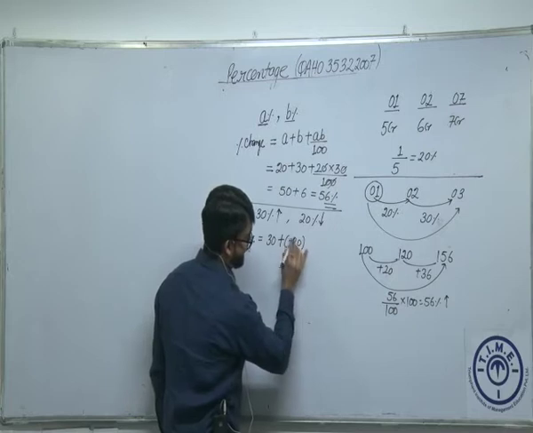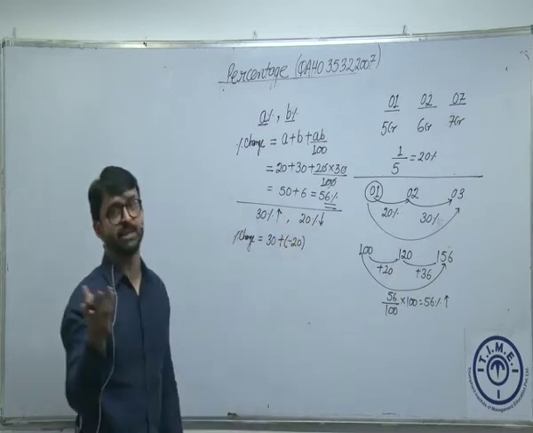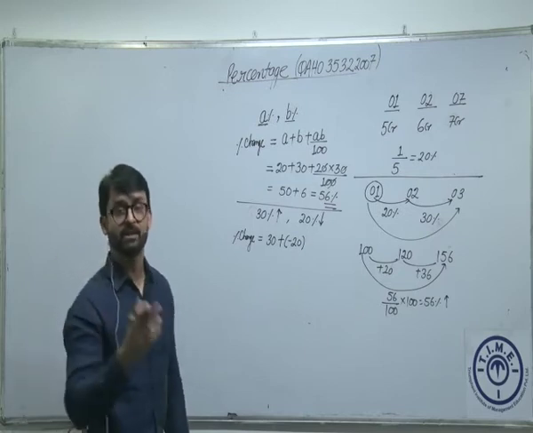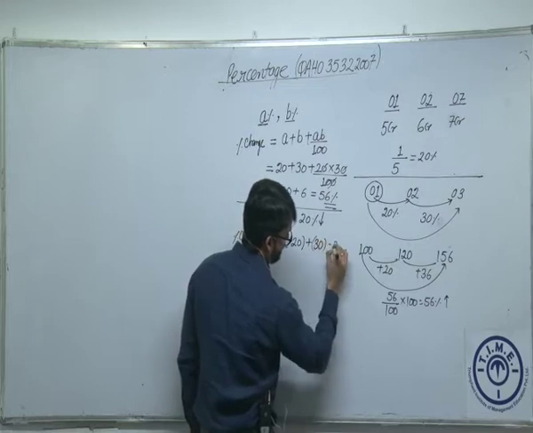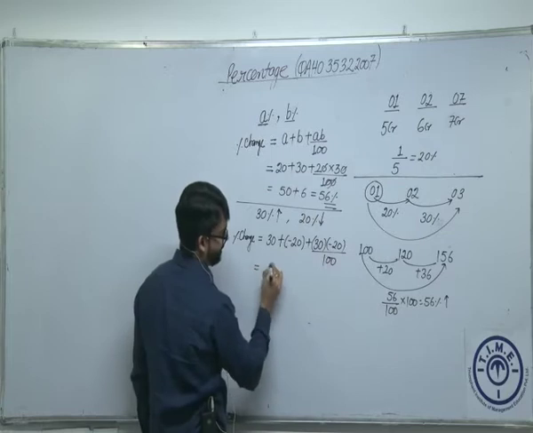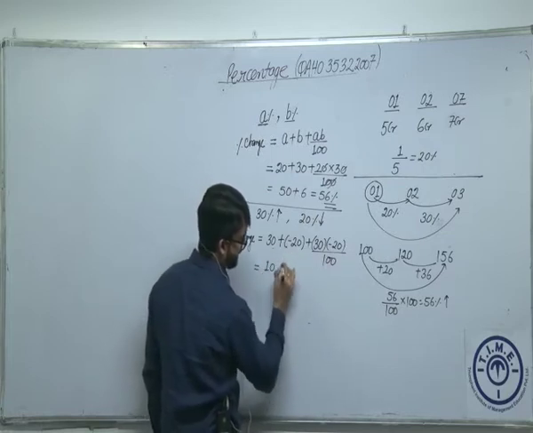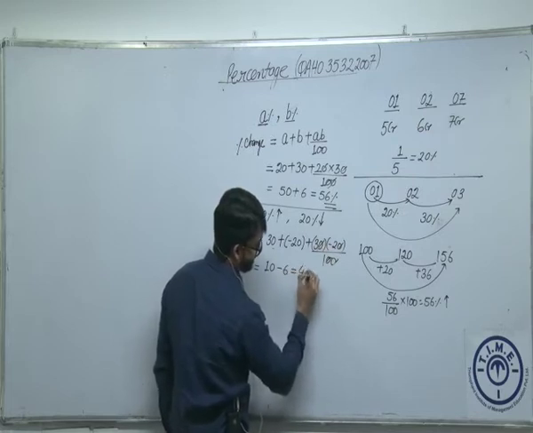Minus 20. Why am I writing minus 20? Because it is a decrease. If it is increased, it has to be plus 20. If it is decreased, it has to be minus 20. 30 minus 20 plus 30 into minus 20 divided by 100, which is 10. This is minus 6, which is 4%.